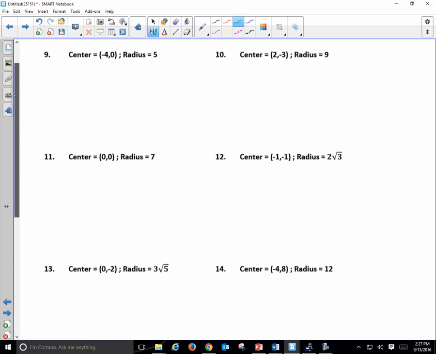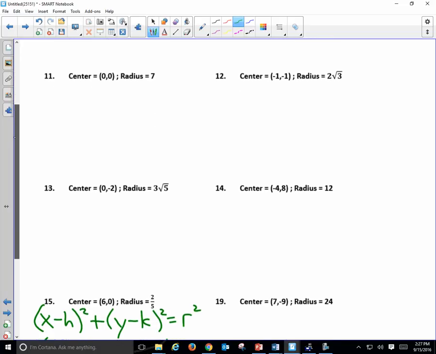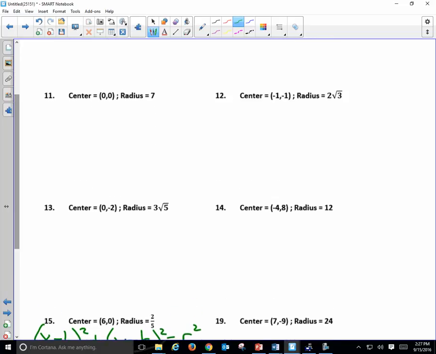I'll do another one with you. One more. What do you want? 12? Center is -1, -1. What does the first part look like? X plus 1. Because it would be an x minus a -1, so we go x plus 1. Second part.